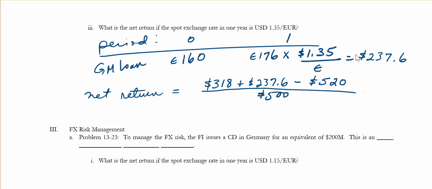Again, this was all done off of an original amount of $500 million. So we have a net return here in dollars of 35.6 over 500, giving us a net return of 7.12%.